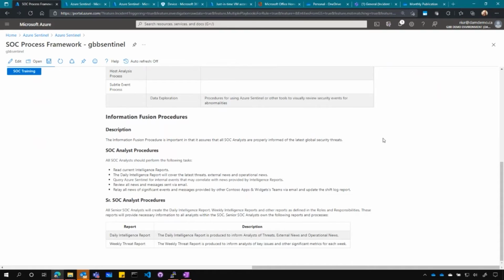It's driving threat intel. It's bringing in threat intel feeds. It's thinking about how we can apply threat intel to the daily alerting and monitoring within Azure Sentinel.